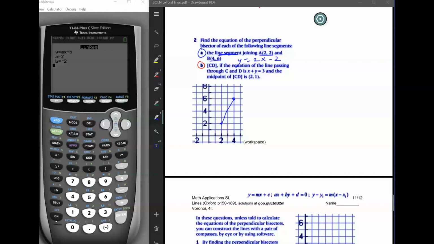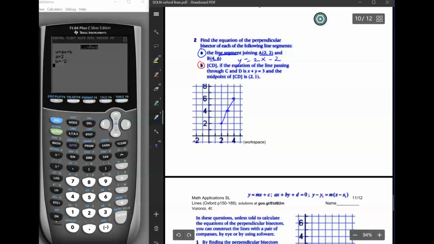Okay, so remember, a perpendicular bisector, you're thinking back to 9th grade now, we're going to divide this line segment into 2 equal lengths, and we're going to draw a perpendicular line through that point.